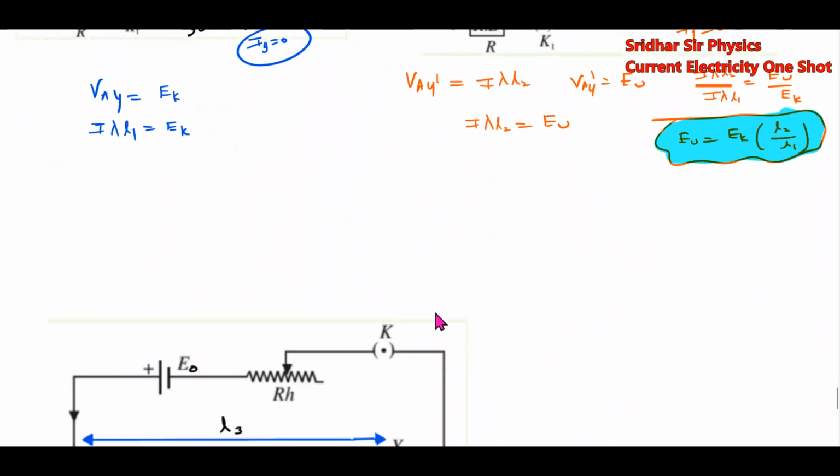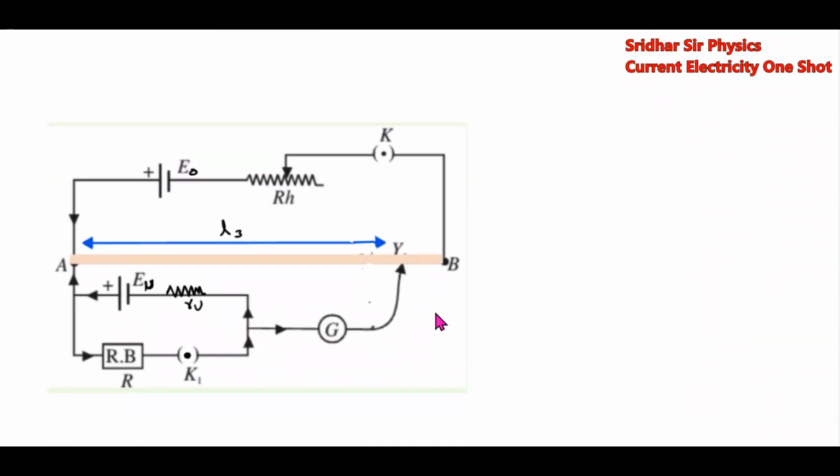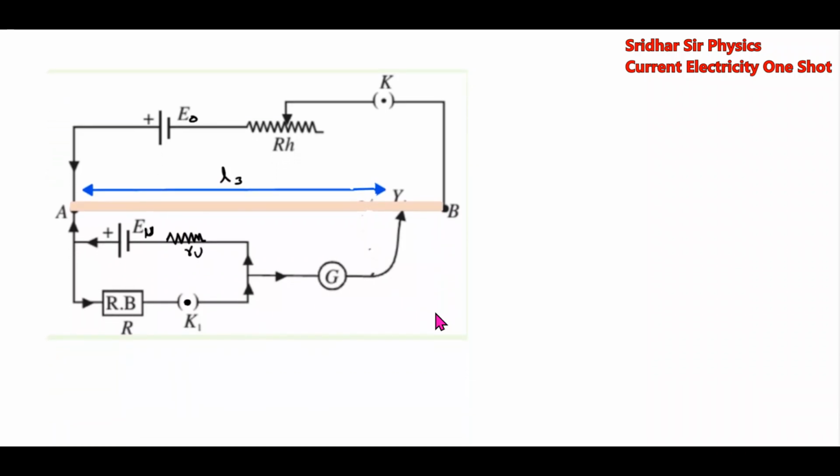Then how to get the resistance? Now there is the same primary circuit, the same cell is there. And there's a secondary circuit where the unknown EMF is connected, and one external resistance also will be connected here, Y double dash, like this. And the same current I will flow.